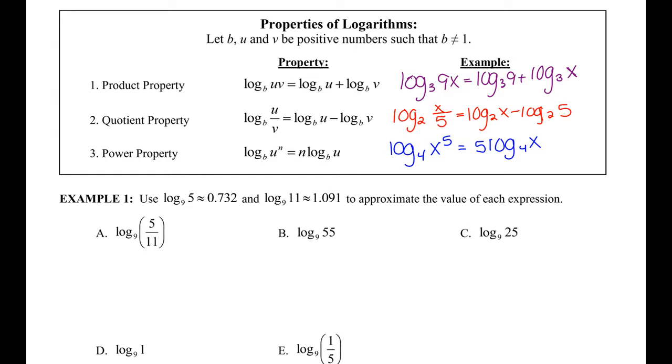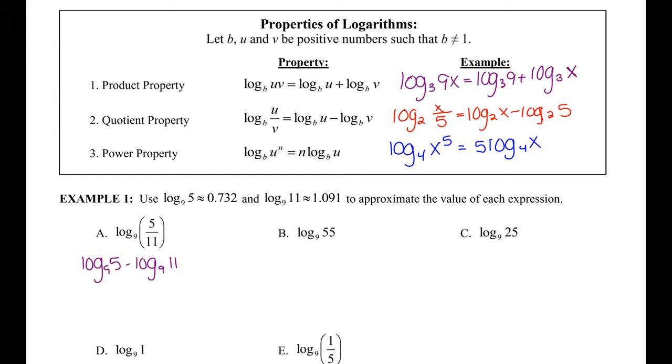So looking at example 1, we are going to use the fact that log base 9 of 5 equals 0.732 and log base 9 of 11 equals 1.091 to approximate the value of the following expressions. So the first thing I can do is use the quotient property to rewrite this as log base 9 of 5 minus log base 9 of 11.